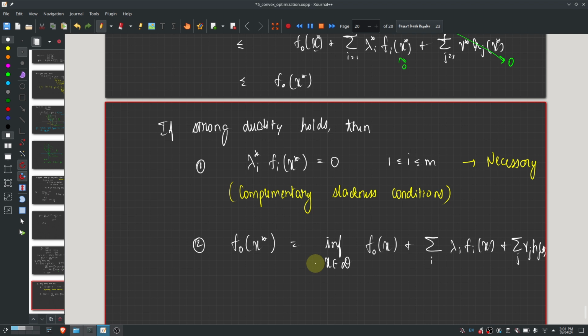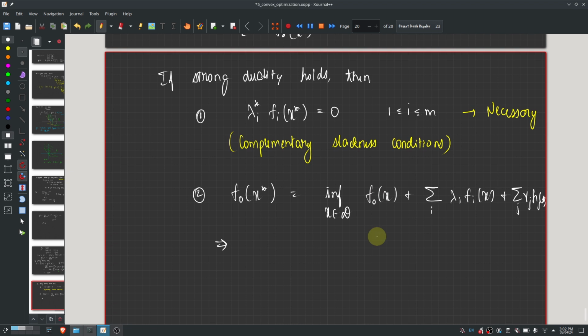So the stationary point should be equal to the point of minimum, which means that if I take the gradient with respect to x of the Lagrangian, set it equal to 0, then the only point that satisfies this is x star, or certainly x star must necessarily satisfy this particular point.